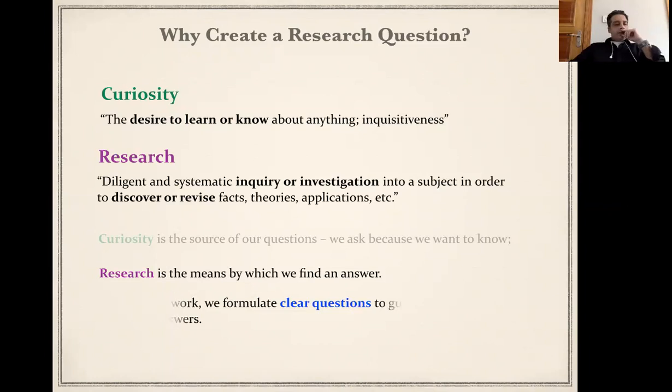In academic work, we formulate clear questions to guide us in our search for answers. So clear questions are important. Vague questions and broad terminologies are often open-ended. So you need to have precise and clear questions, because whenever you write a thesis or a synopsis, there is a section called aims and objectives.